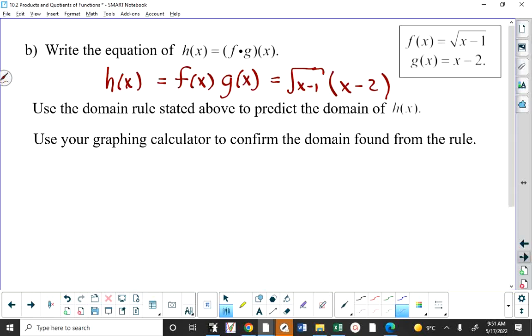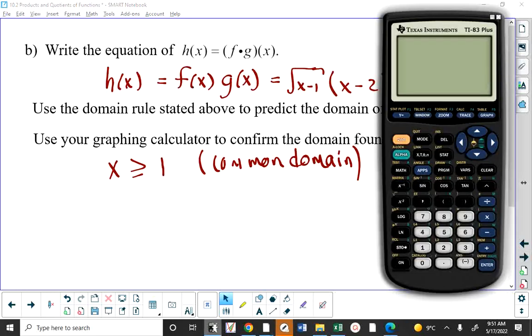What is the domain of h of x? Well, it's the common domain. And let's graph this beast and see if that is in fact what the function looks like in terms of domain.